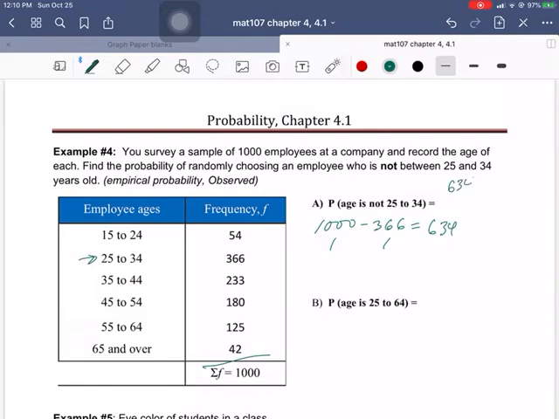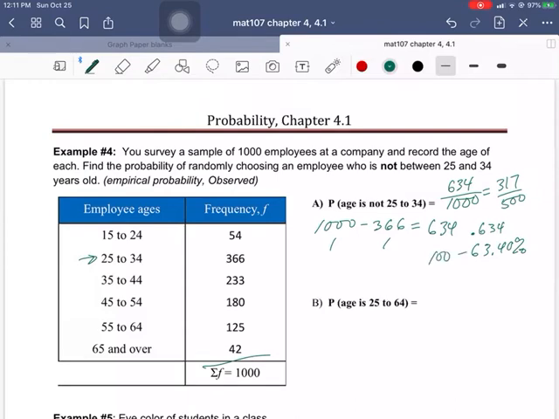So the probability is, the empirical probability says put those over 1,000, which is going to be that as a reduced fraction, or this as a decimal, or this as a percentage. 63% of the employees at this company are not between 25 and 34.